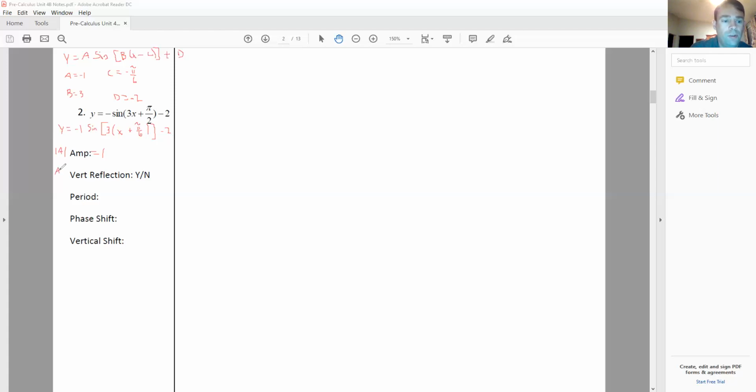Vertical reflection is A negative. A is negative because it was a -1. So yep. Period is 2 pi divided by the absolute value of B. Notice, I didn't have to actually get into the graph to be able to do some of these things. So 2 pi divided by the absolute value of 3 would be 2 pi over 3.